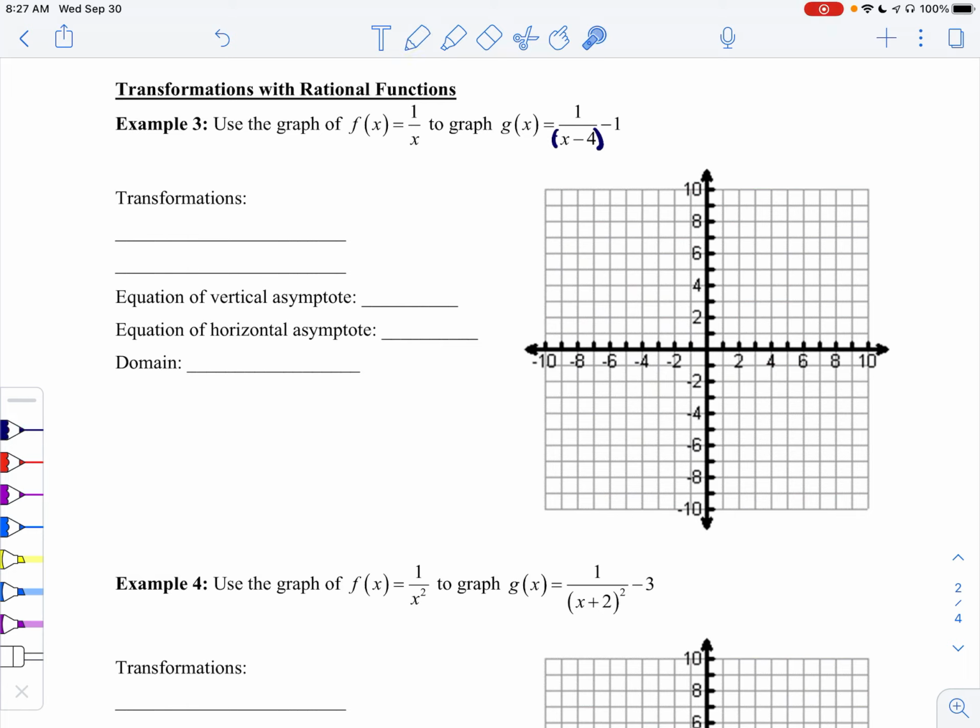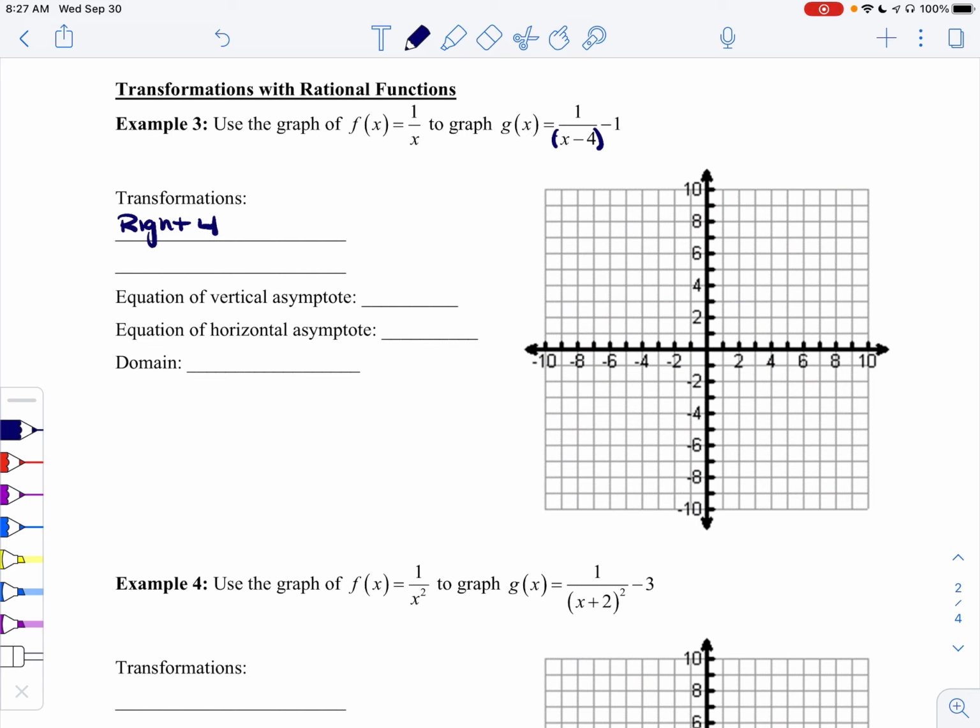Meaning anything in the denominator will give us a horizontal transformation affecting our x values, and anything that's not in the denominator will give us a vertical transformation affecting our y values. So because we have that x minus 4 in the denominator, it's a horizontal transformation. And remember, horizontal transformations are always a little bit backwards. So this is going to give us a shift to the right 4.